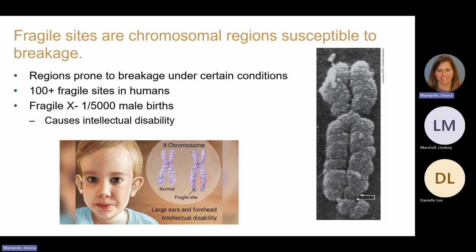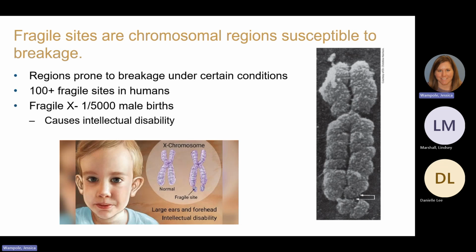These are basically structural, well, this one is a structural problem. A fragile site is a structural issue in the makeup of the chromosome. So a fragile site is a region that is prone to breakage. So under certain conditions, for example, you might have a piece of chromosome break off.